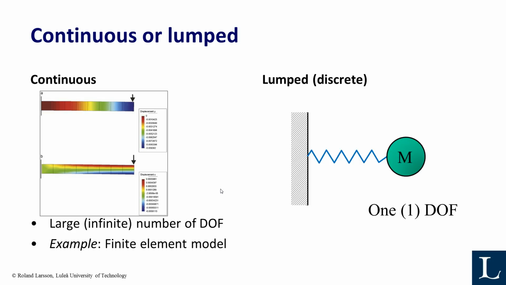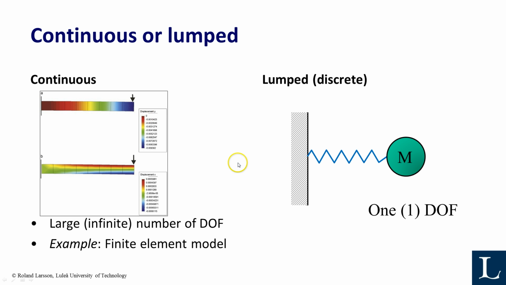Then to the question continuous or lumped. A continuous model, that means that we have, back to the cantilever beam here again, a very large number of degrees of freedom, or maybe in the real case an infinite number of degrees of freedom. But with numerical techniques like the finite element model, we can have a finite number of elements, but probably pretty many elements here.